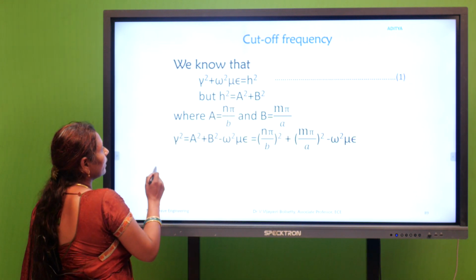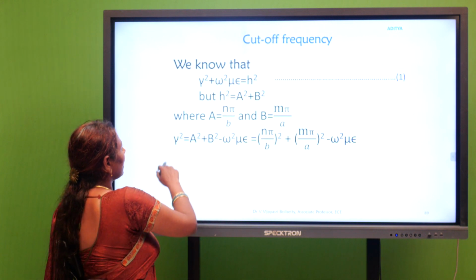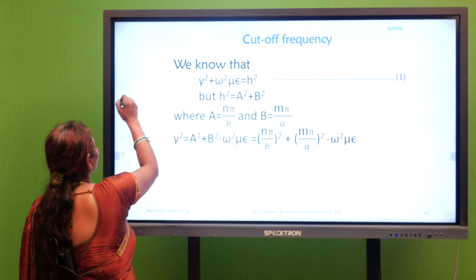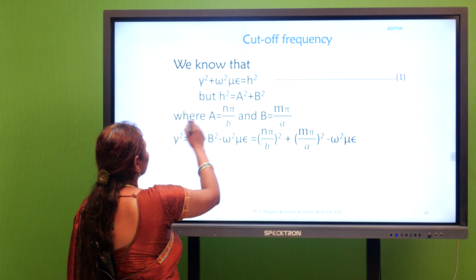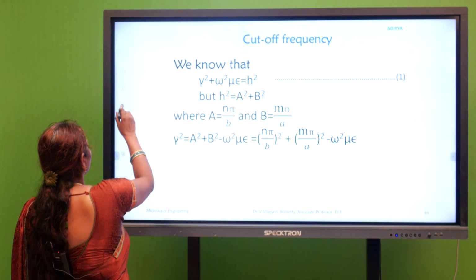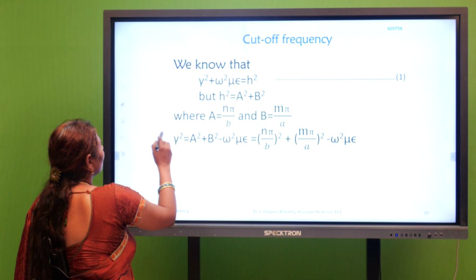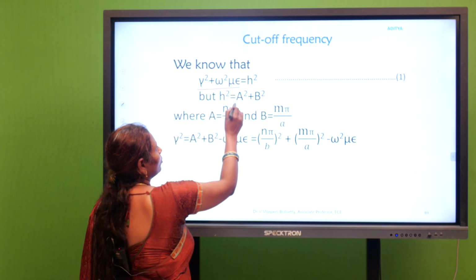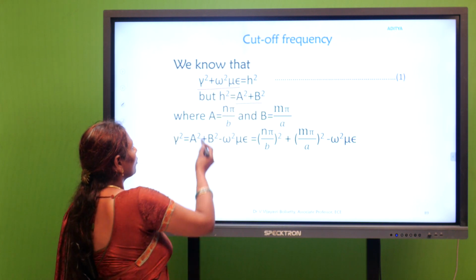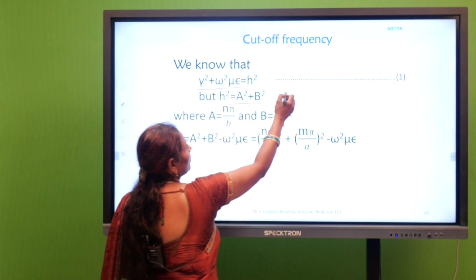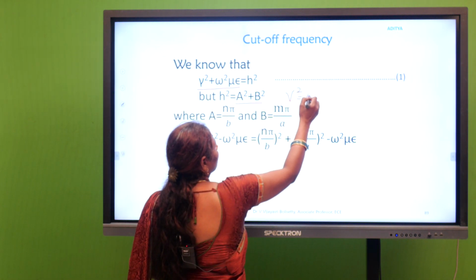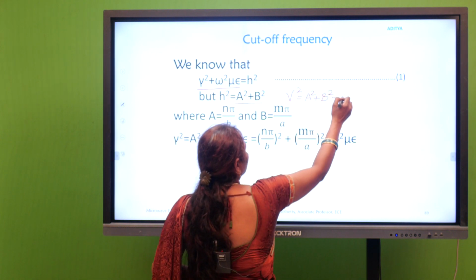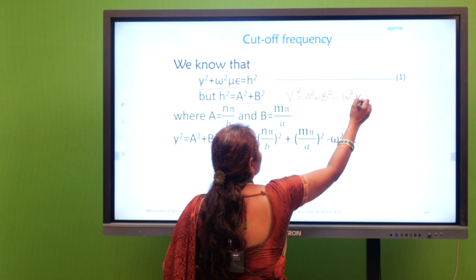So, from this equation we get gamma square is equal to a square plus b square minus omega square mu epsilon.